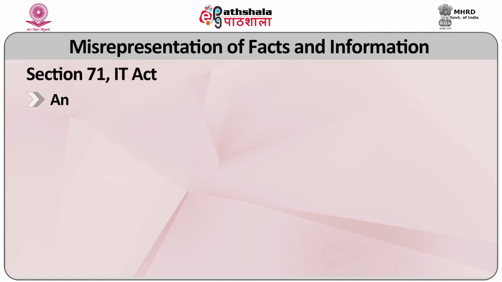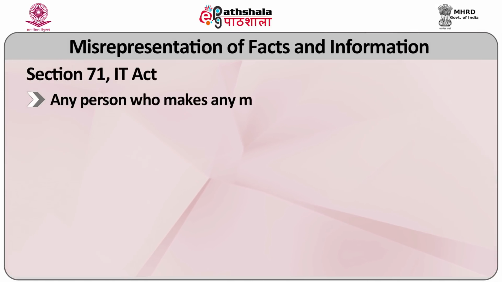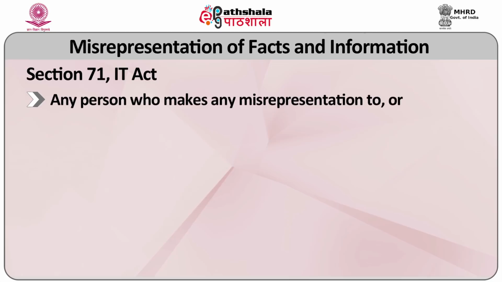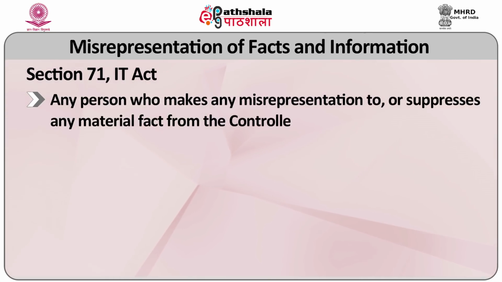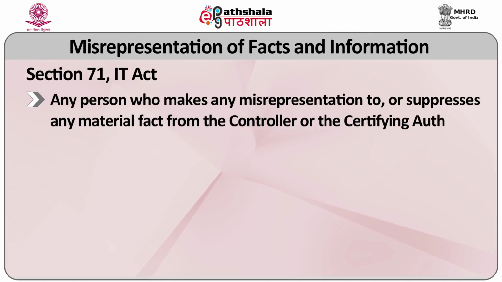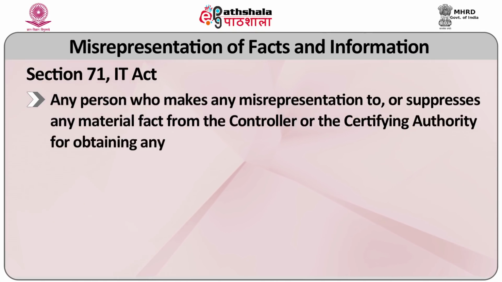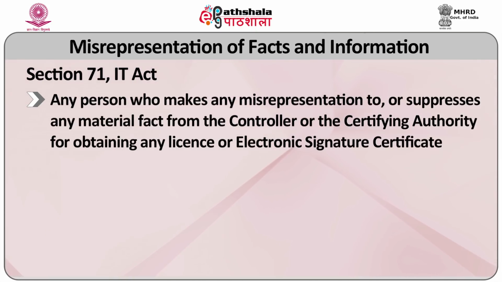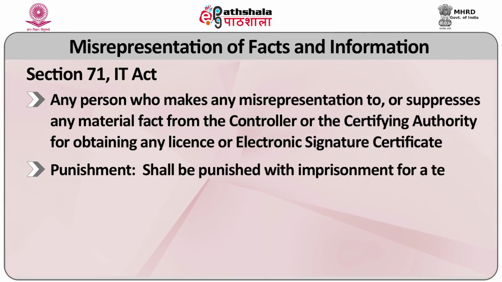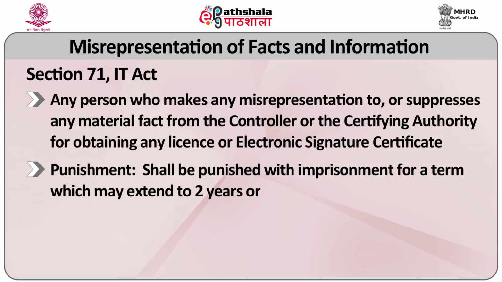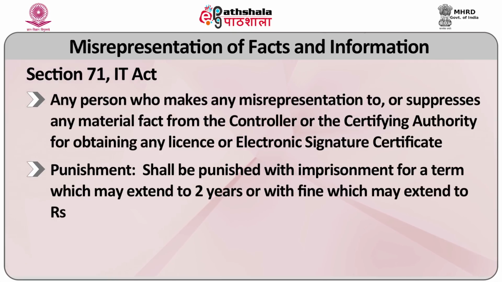It says that any person who makes any misrepresentation to, or suppresses any material fact from, the controller or the certifying authority for obtaining any license or electronic signature certificate shall be punished. The punishment would be imprisonment for a term which may extend up to 2 years, or a fine which may extend up to rupees 1 lakh, or both.